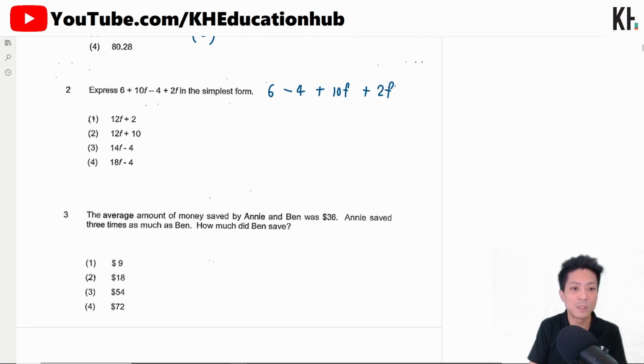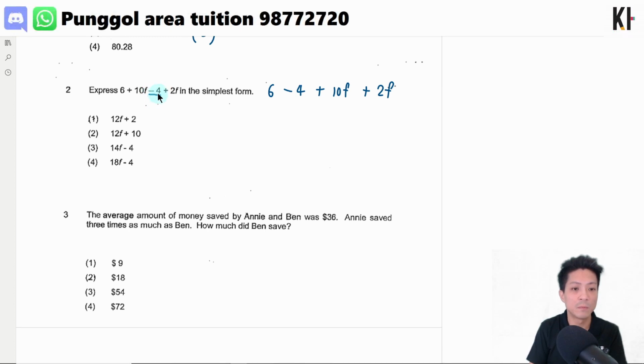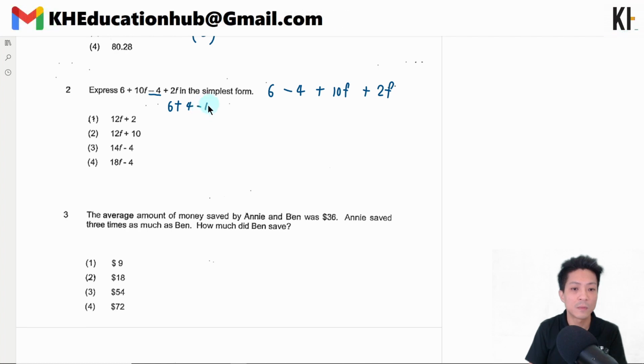One common mistake that students make is when they move the 4, they will change it into a 6 plus 4, then after that they will write it as minus 10f plus 2f. Okay, so this one is something that is wrong.